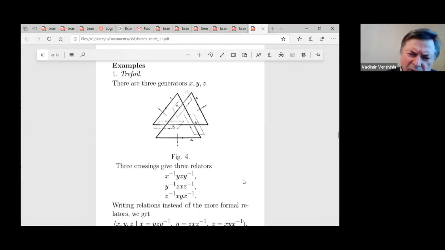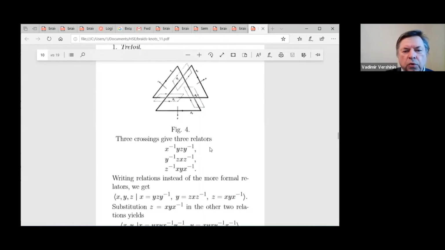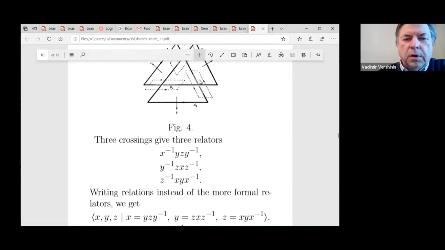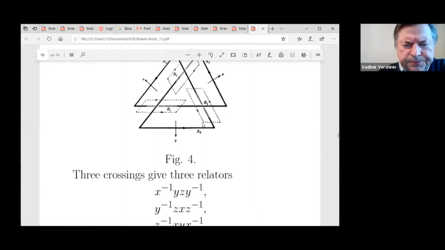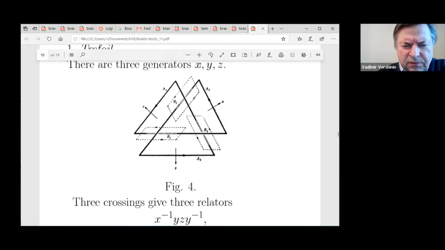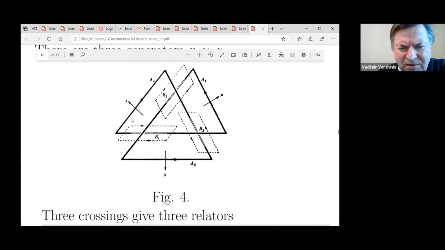I think this is the left trefoil, right?